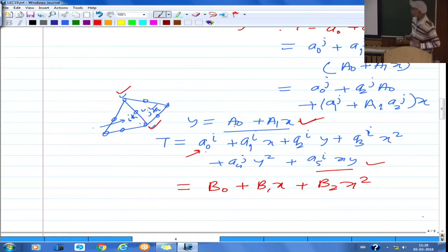And again, when we are formulating this quadratic triangular element, we ensure at the time of assembly that the temperature values from this side and this side are the same for this node. They are the same for both the elements at this particular location. Similarly, this node is common to both, having the same temperature value. So I am saying that this node of this element has the same temperature value as that node of the other element. Similarly, this node belongs to both, having the same temperature value.